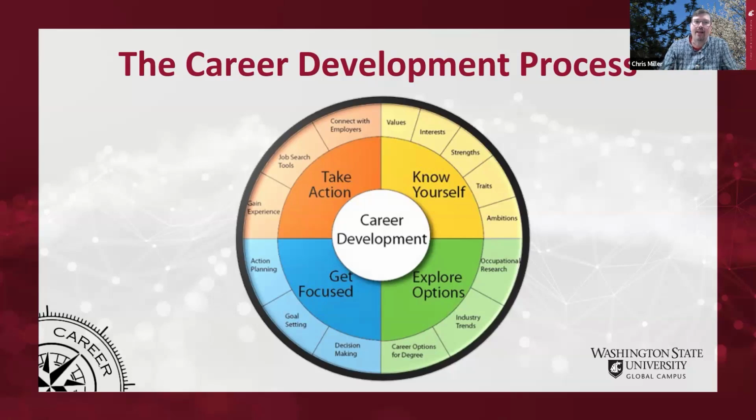When I take a look here at the career development process, we're mostly in the yellow section, talking about strengths and traits, assessing those areas in order to explore options and getting focused and taking action. In terms of a Myers-Briggs assessment, knowing your personality, your strengths, your traits, will help you explore options to a certain amount, which I will talk about when I talk about the limitations, but it definitely helps in the blue section too, in getting focused with the decision-making part.